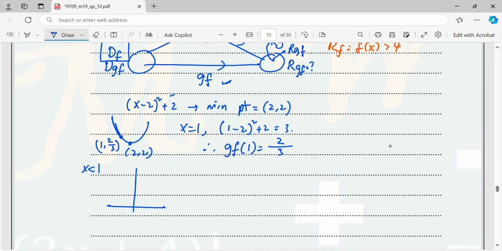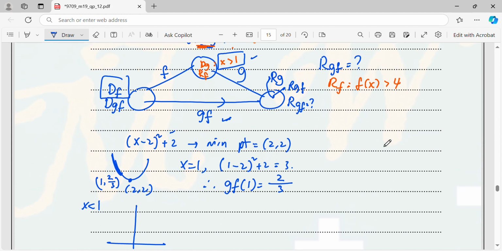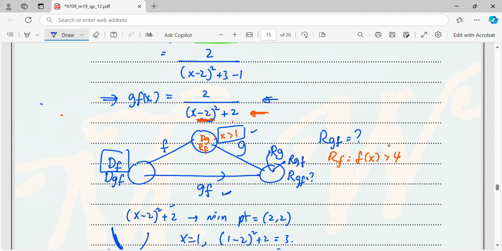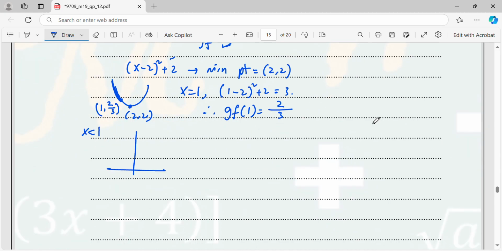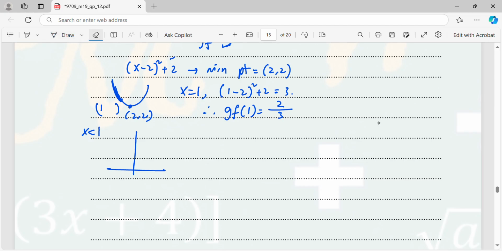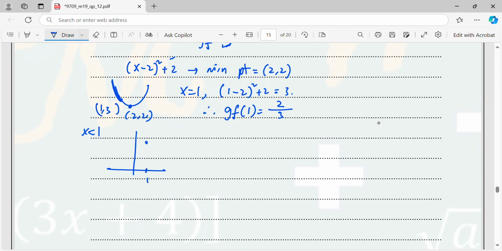So when you consider this left side, 2 over the quadratic, it will be inverse. So it is basically not 2 over 3. Let's say here is 1, then this is 2 over 3.